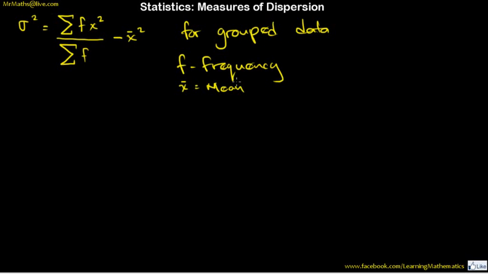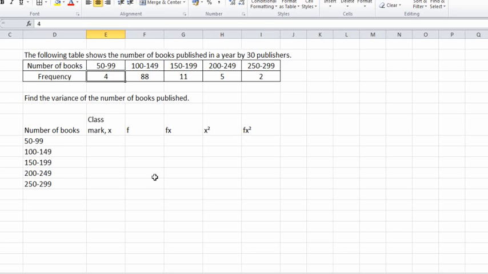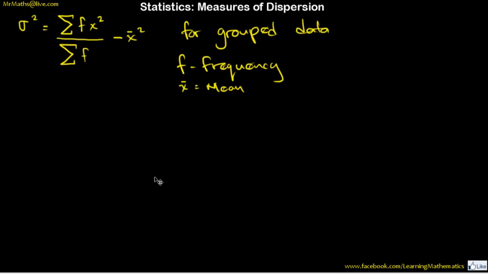So let's figure out what the mean is by completing the table. By the way, x here is not the same as the x that we know in ungrouped data, but x here is actually the class mark.